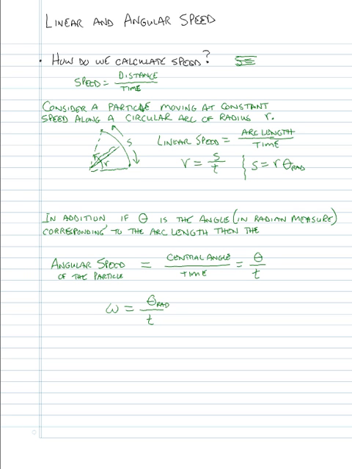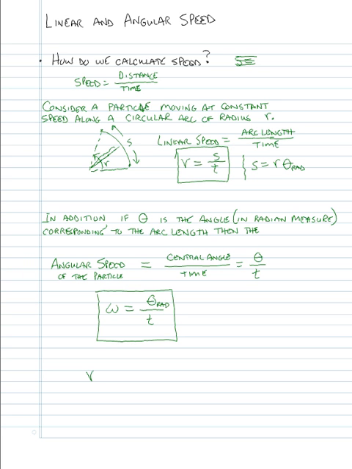Okay, so it's important to remember this for linear speed. It's important to remember this for angular speed. And there's a relationship between linear speed and angular speed, and it goes this way.